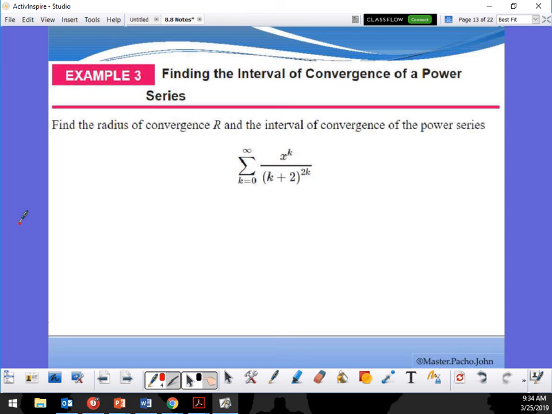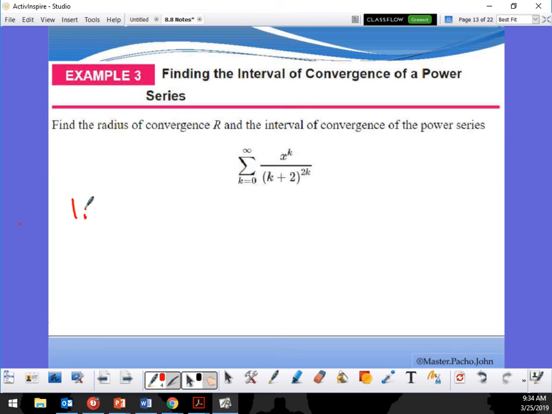Root. Yes, we're going to use root. Why are we going to use root? Because they both have the same exponent. Very good. They both have an exponent of k, right? So that's going to be a root test.